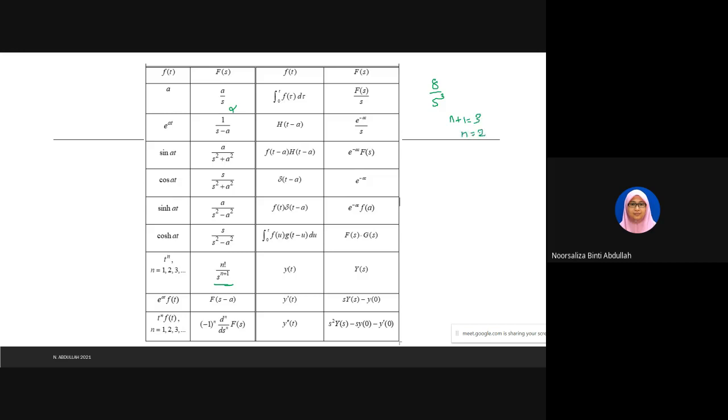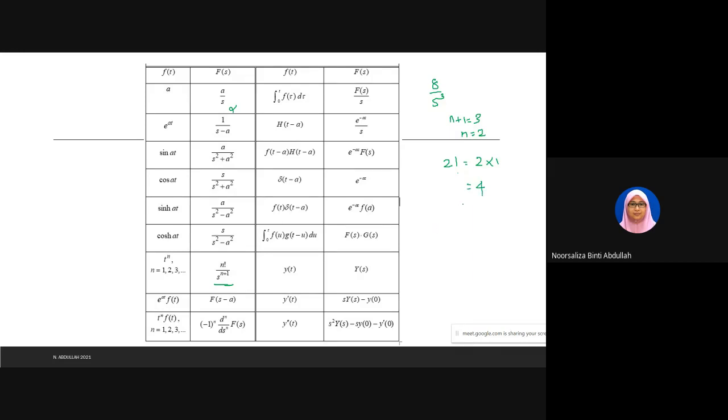Right? Then it is n factorial, which is 2 factorial. 2 factorial is actually equal to 2 times 1.